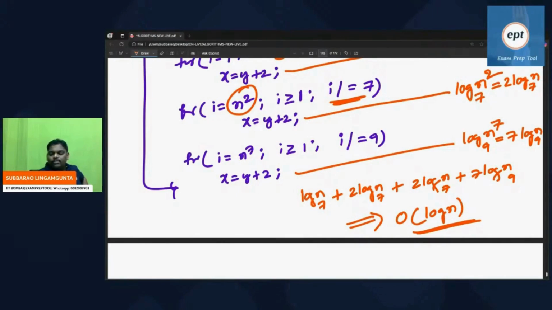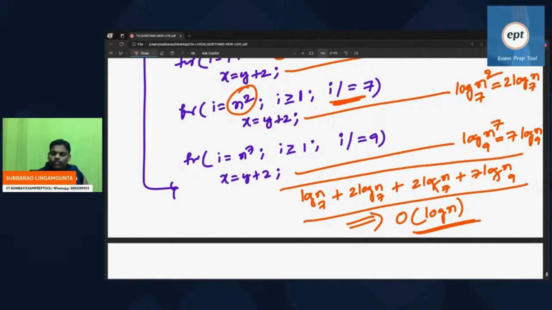So the answer of this one is big O of log n. Don't worry about the base.